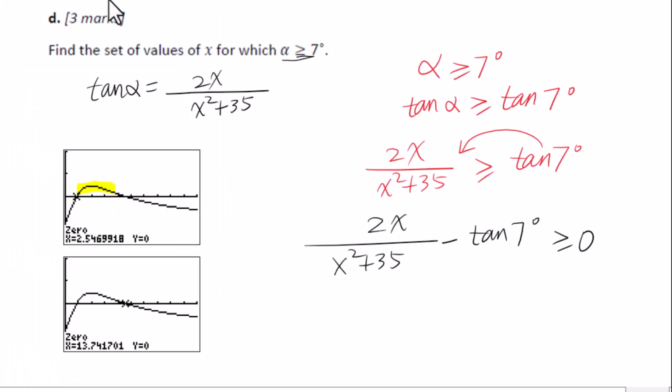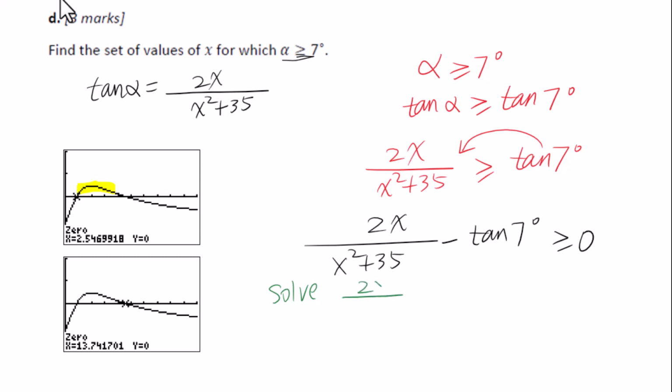How to show your work for solving inequalities. Normally, solve the equation first. Solve 2x over x squared plus 35 minus tangent 7 degrees equals 0. X1 equals 2.55. X2 equals 13.7.